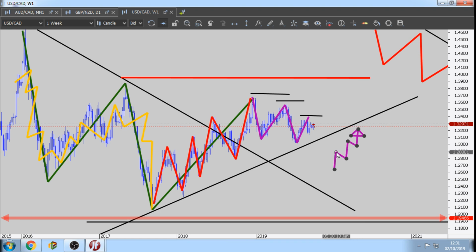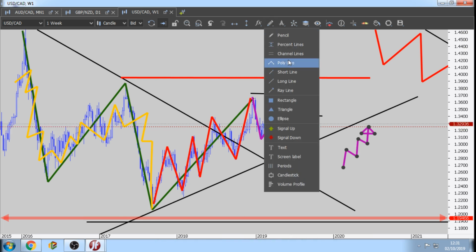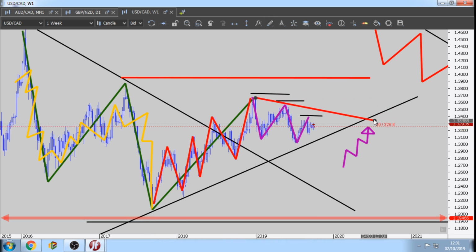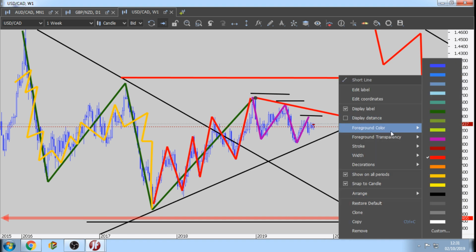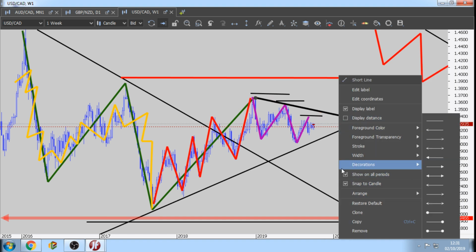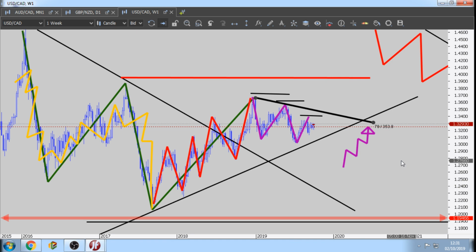And again, you can accept what we are teaching you, you can reject, no problem. So, short term, we can draw a downtrend line, black. There you go.